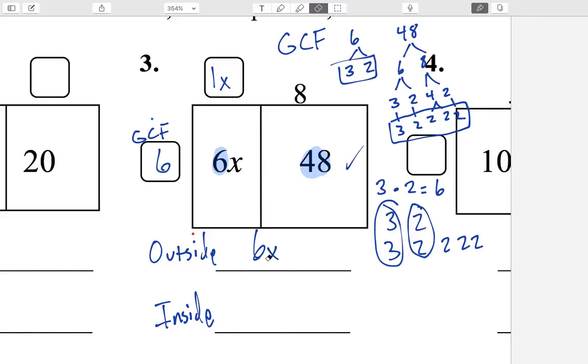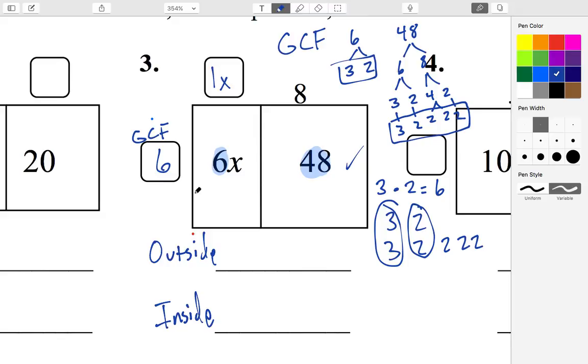Okay, so we have 6x and 8. Remember, 1x and x are the same, so that's where I'm getting x. So now I'm going to put parentheses and plus. You have to add that part. So it becomes 6 times x plus 8, and your inside was 6x plus 48.